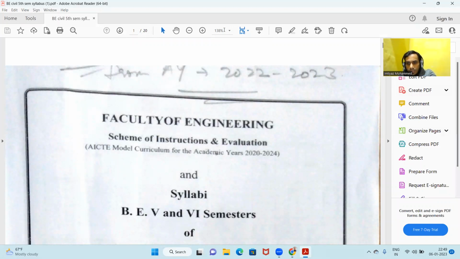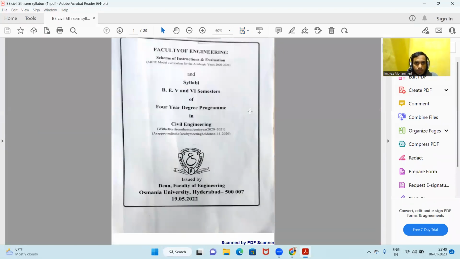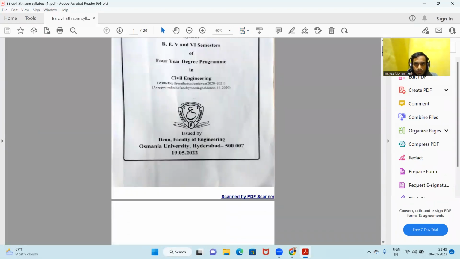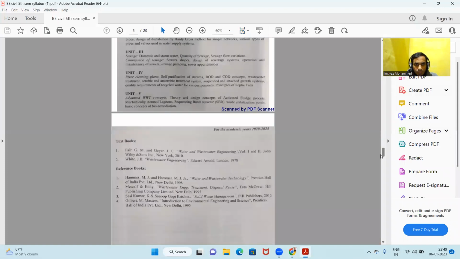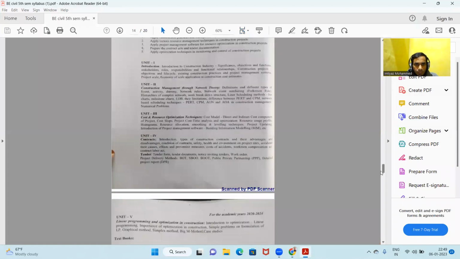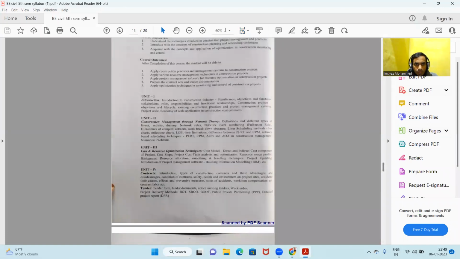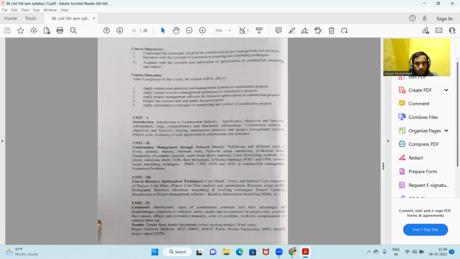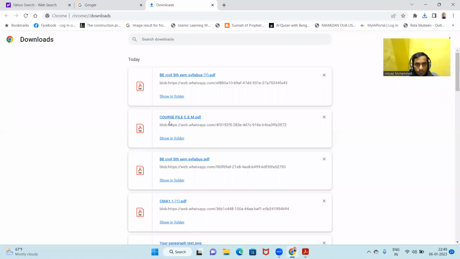You can see the syllabus of construction engineering and management here. Let me decrease the ratio here. One is our syllabus, starting with the introduction part. Let us also look at the notes here.